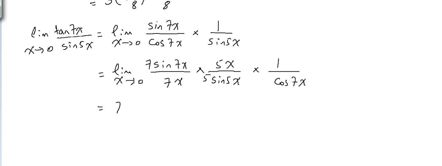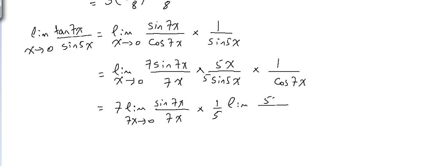We can say it's 7 outside, limit of sine 7x over 7x as 7x approaches 0, times 1 over 5 outside, limit of 5x over sine 5x as x approaches 0, as 5x approaches 0.